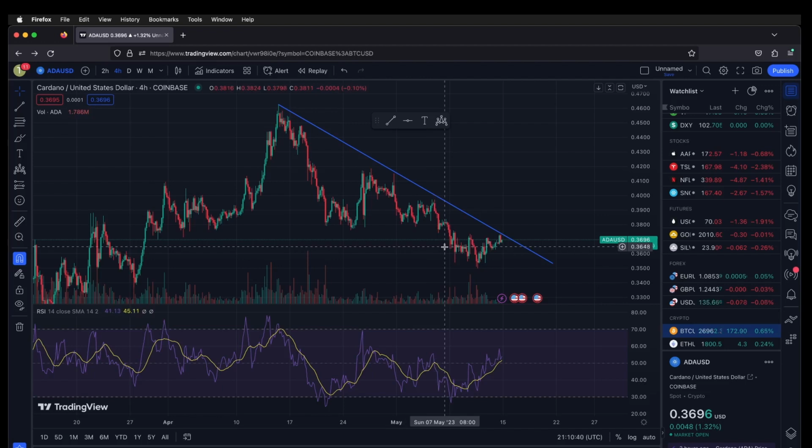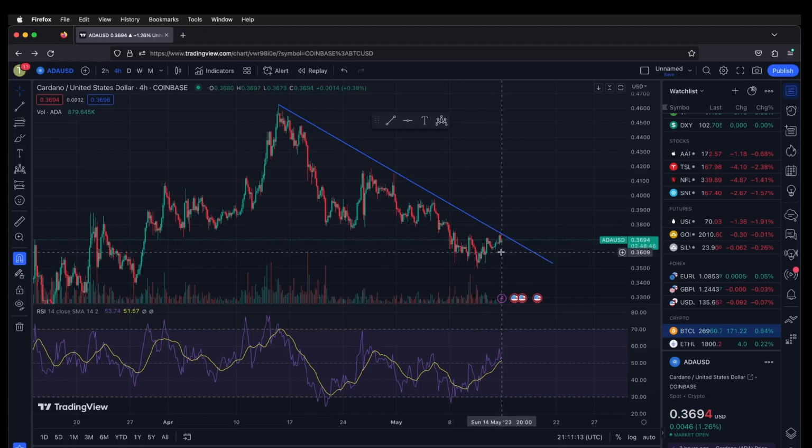So with this chart, it looks like we had a head and shoulders pattern here. And the head, and this is the left shoulder, the right shoulder. And it looks like it's already gone through its extension for that chart pattern. And then it looks like we have an inverse head and shoulders coming back up here.